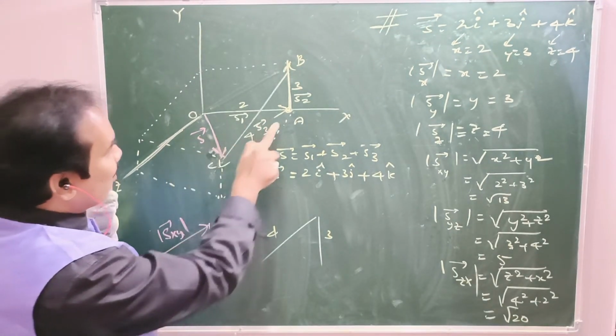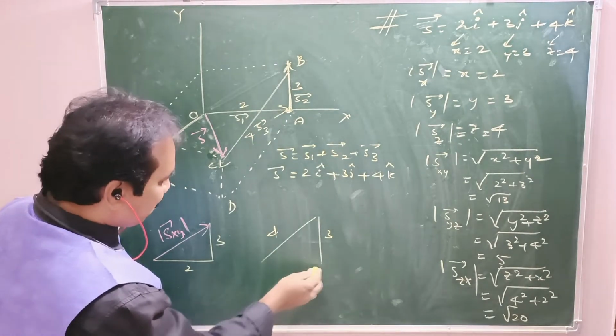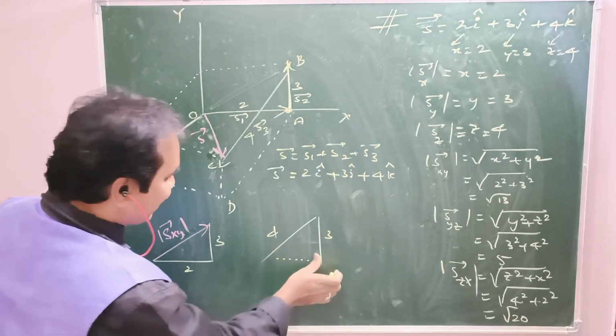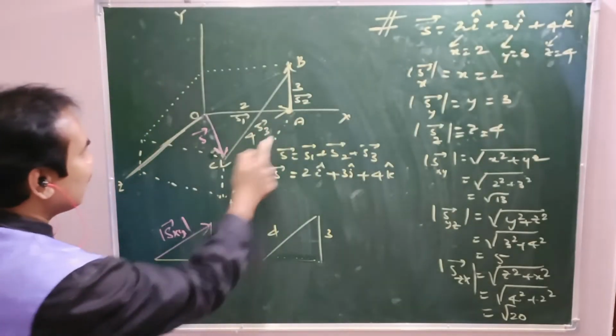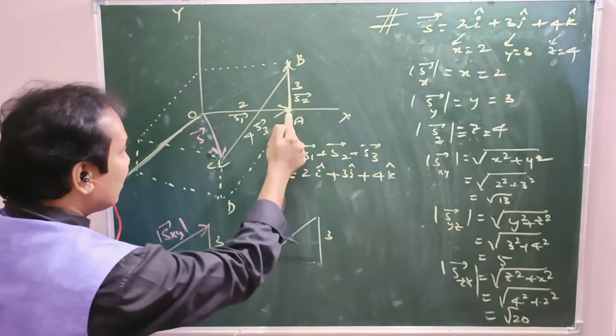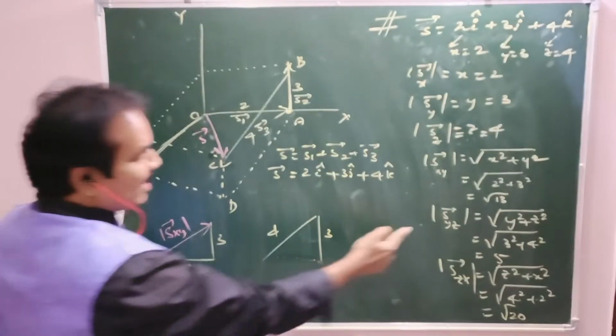Means from this bottom end to top end, the diagonal side, means the diagonal from A to C. In this plane, this diagonal becomes equal to the length of S bar in the YZ plane.